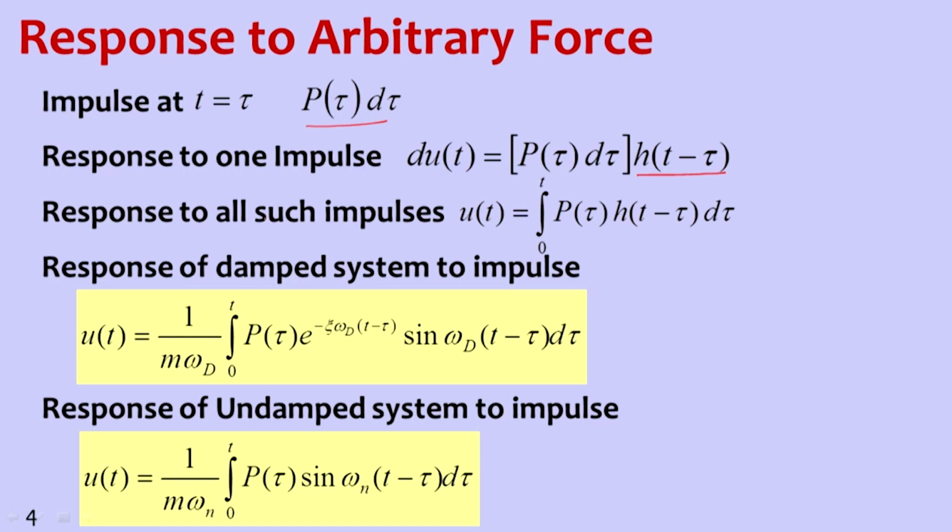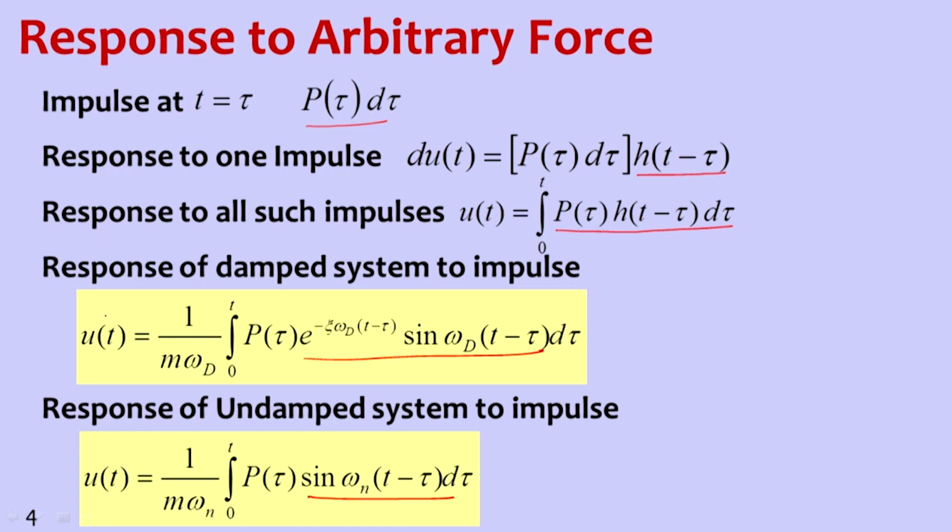The response to all such impulses is the integral from 0 to t of p(tau) h(t minus tau) d tau. This is the convolution integral. If we substitute h(t minus tau) for damped and undamped free vibrations, we get the complete response. Now we will make use of this in some special cases.